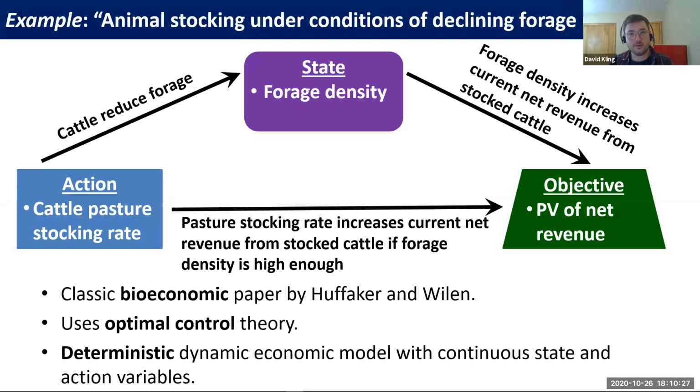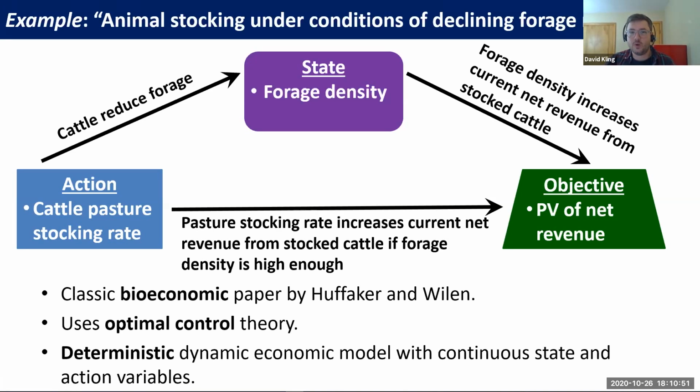So this is an older paper by two prominent researchers in bioeconomics, Huffaker and Jim Weiland. The title of the article is Animal Stocking Under Conditions of Declining Forage Nutrients. So the most basic version of their model had the following components.